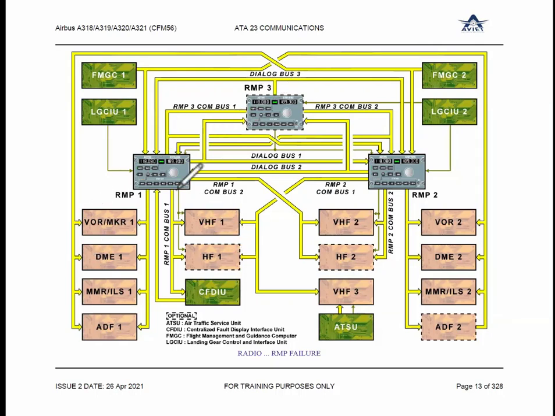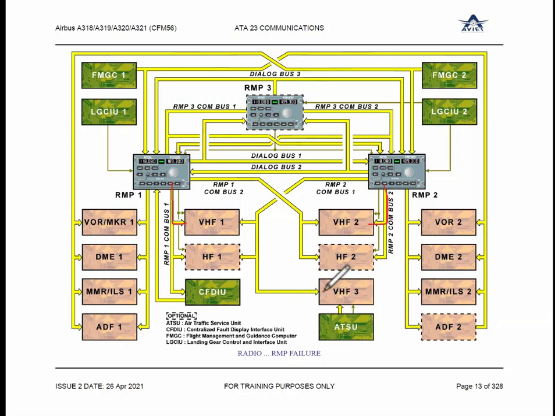What you are saying is dedication. Dedication means normally they are not connected, but you can tune and connect them. The dedication is that HF1 is connected with RMP1. This is the standard connection always. VHF3 is not connected to RMP1. It is only connected to RMP2.